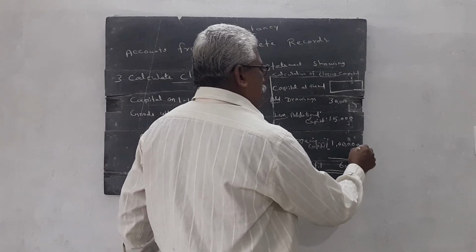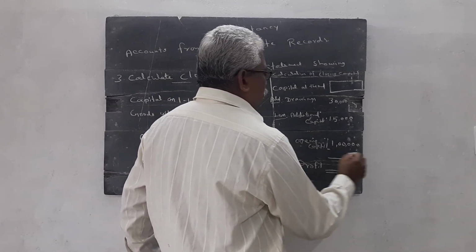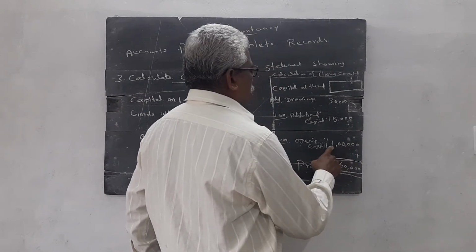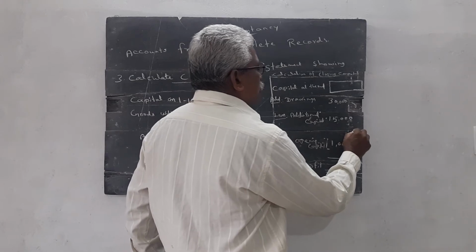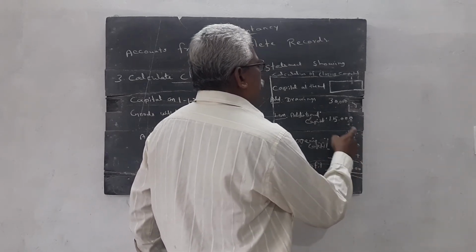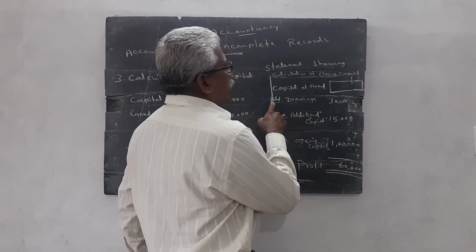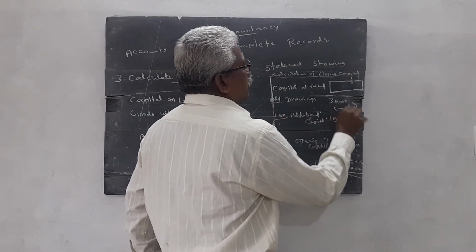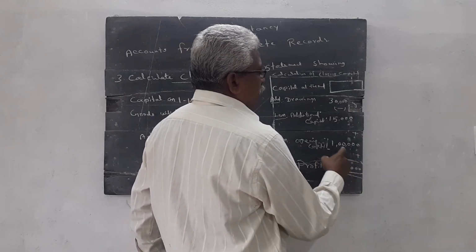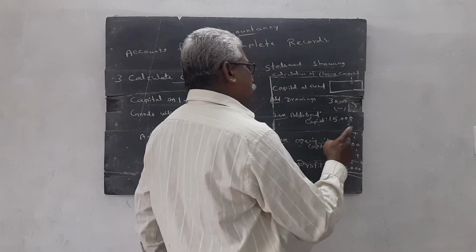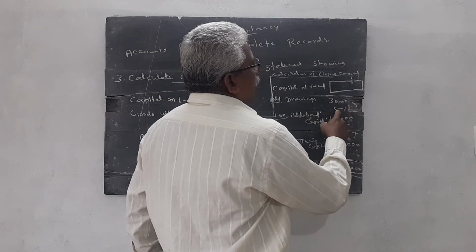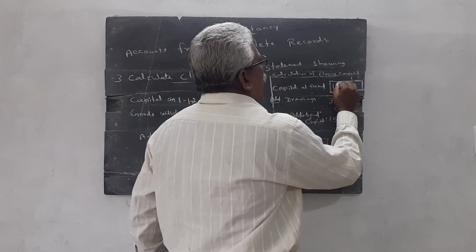Here we have to write plus 60,000, plus 1 lakh, plus 15,000. Here add, so here we have to minus. 60,000 plus 1 lakh is equal to 1,60,000. 1,60,000 plus 15,000 is equal to 1,75,000. Minus 30,000 is equal to 1,45,000.